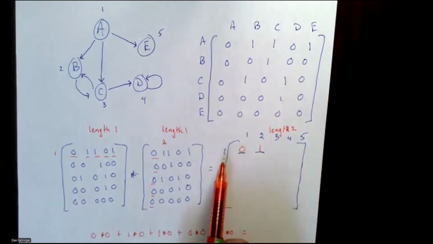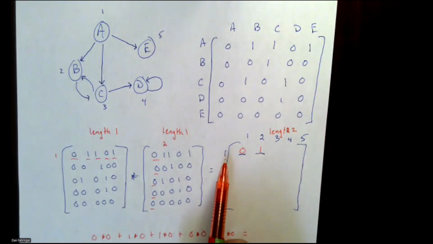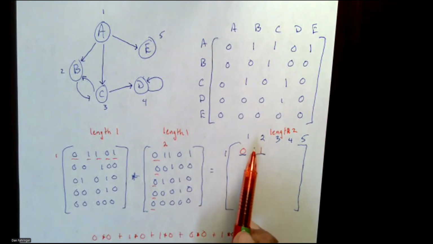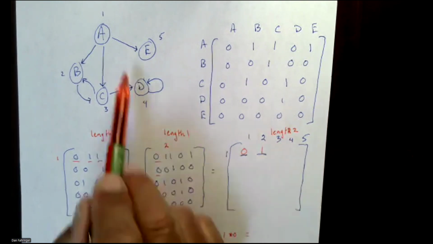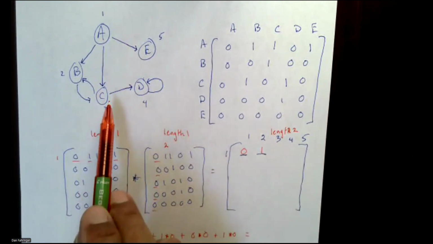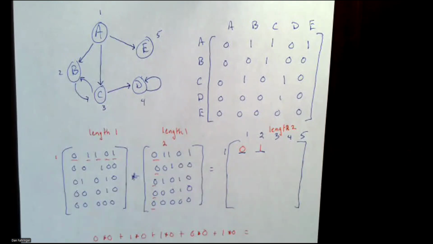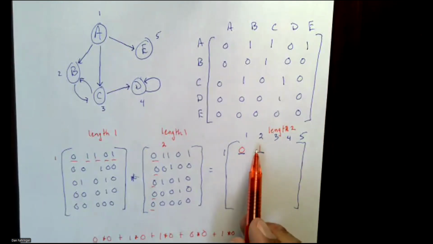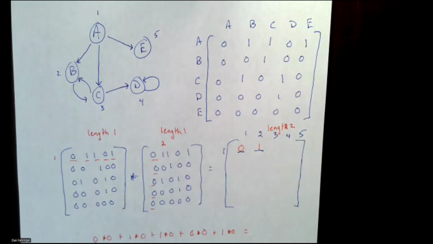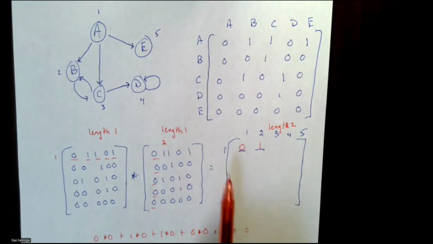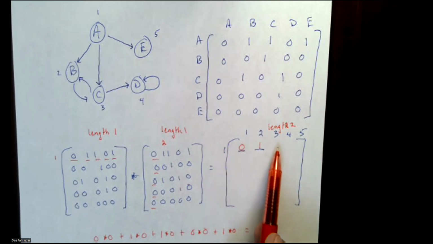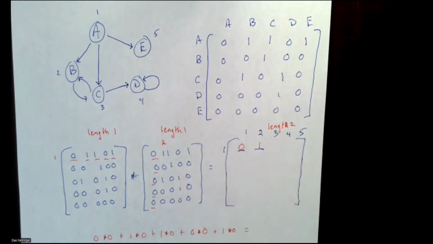That means if I start at airport 1, which is A, and I want to go to airport 2, which is B, there's one way to get there with two paths. If I go from A to C, I can get to B. Now, this number can be 2, it can be 3, it can be all kinds of different numbers. That would then tell me there's multiple ways to get, starting at A, to whatever airport I'm trying to get to.